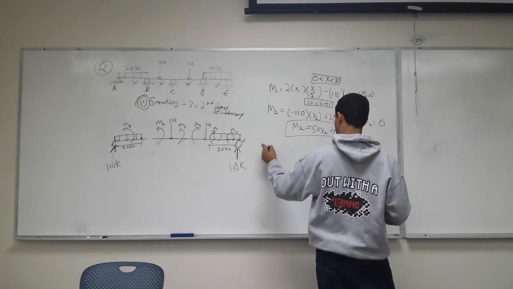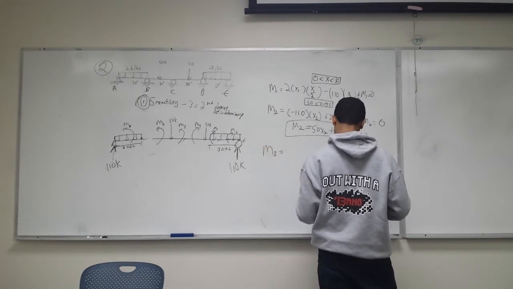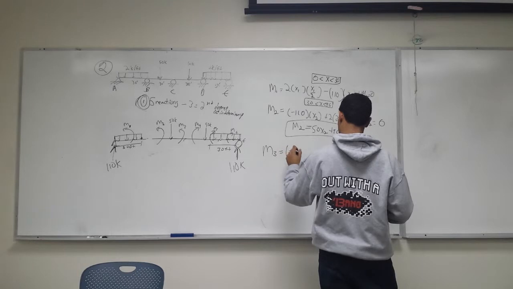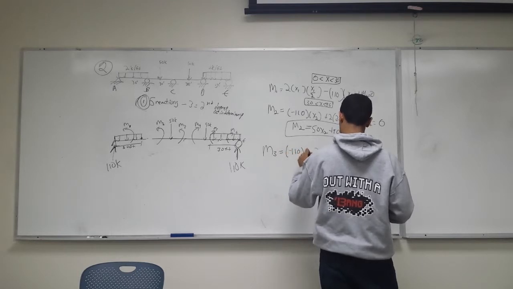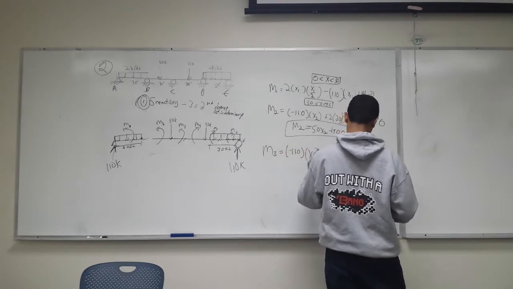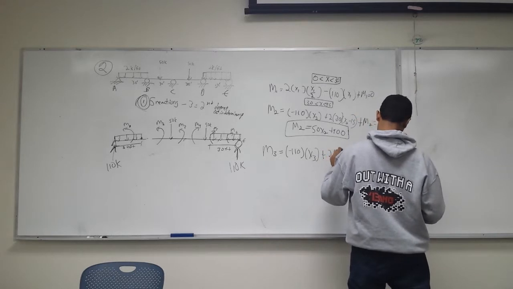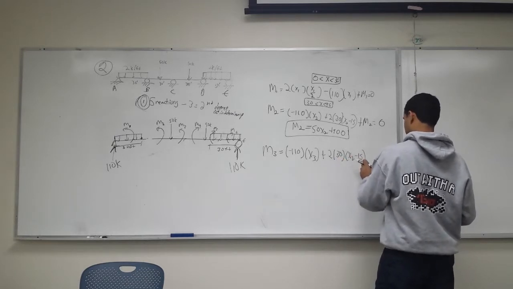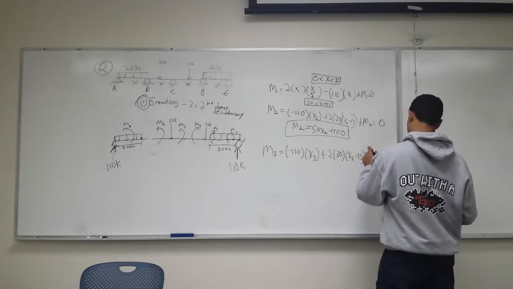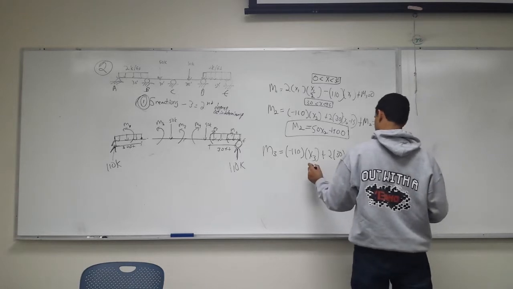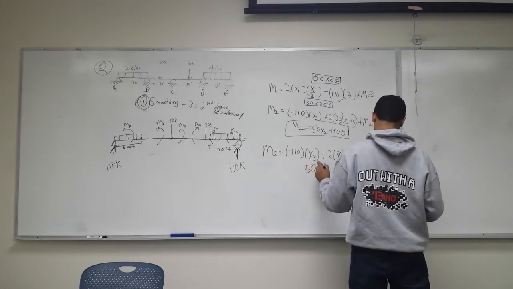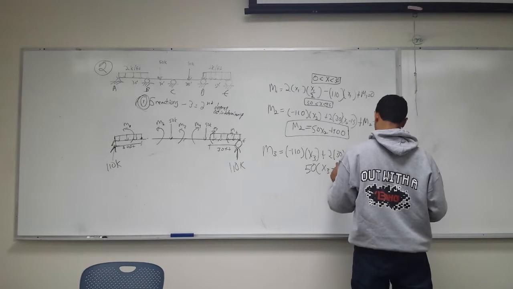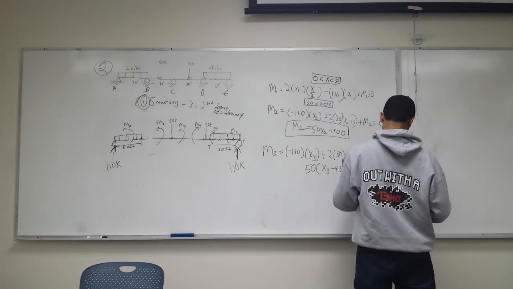Now for our third expression, we write out negative 110 times x3 plus 2 times 30 times (x3 minus 15), the x3 minus 15 being inside parentheses, plus 50 times (x3 minus 45) plus m3.